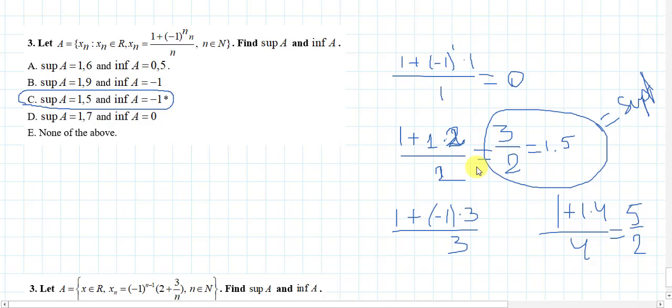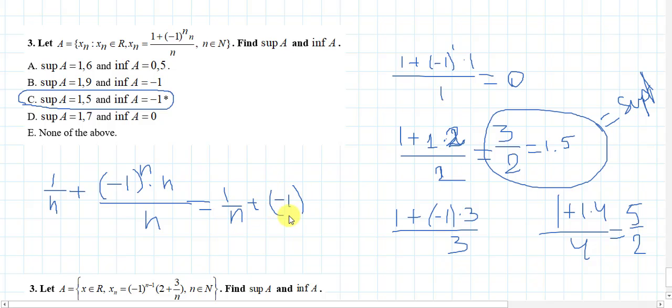Now let's find the infimum of A. In this case, we can divide this fraction, so 1 over n plus minus 1 to the power of n times n over n. They cancel, and we have 1 over n plus minus 1 to the power of n.